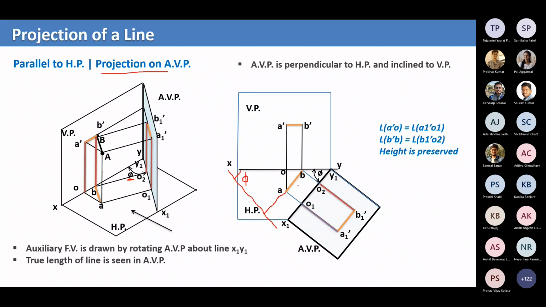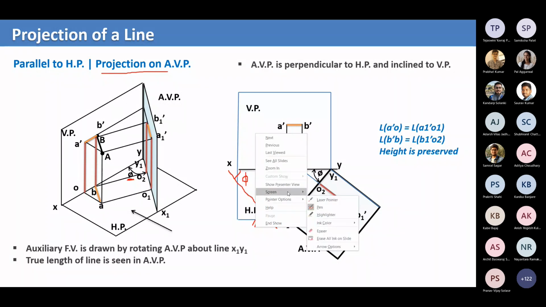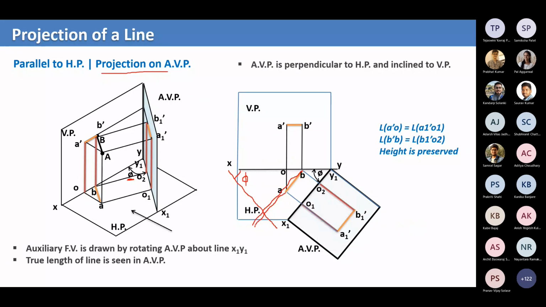This is one line, and this might be another perpendicular. So we extend them, and taking these dimensions O A dash and O B dash, we mark the points, and then we draw the line. So we get a line something like this.